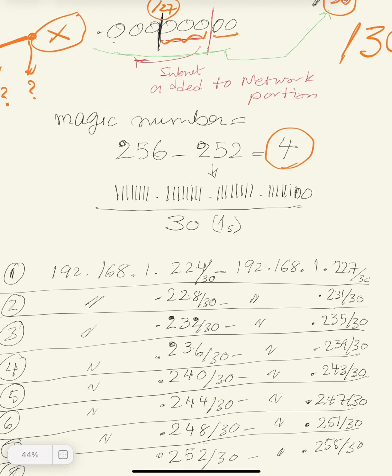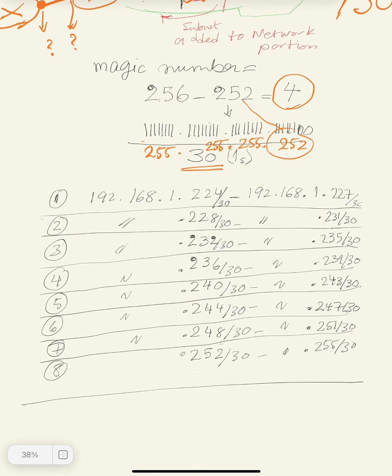All ones here is 255, all ones here is 255, all ones here is 255, and here is 252. If you count, there are 30 ones in this subnet mask, and then you take away 252 from 256, and the result, the magic number, is 4.